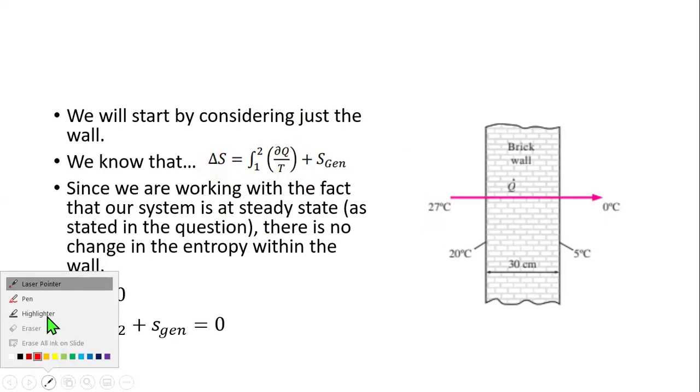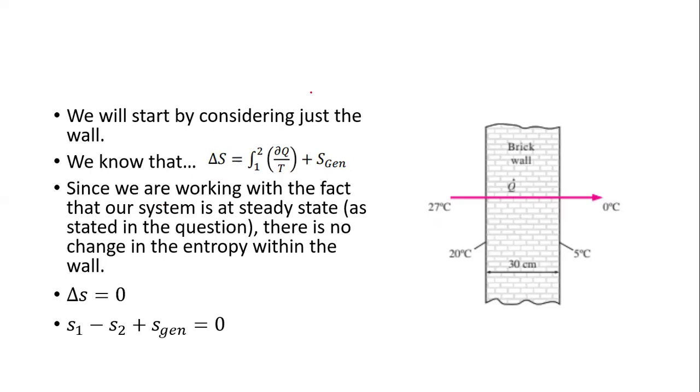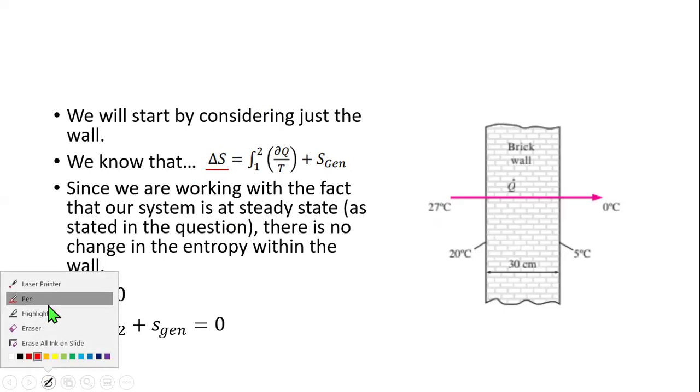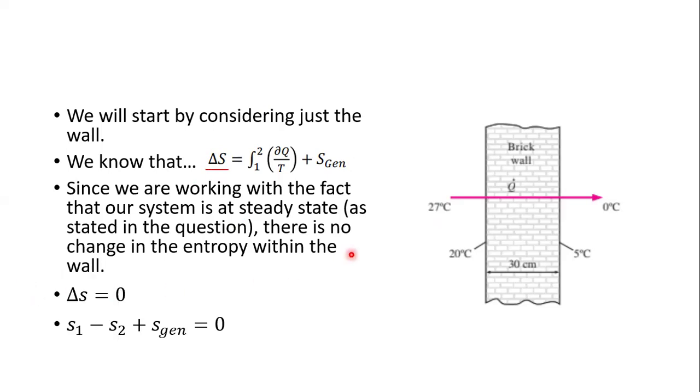Or if you want it in another way, remember we said for energy balance, in minus out plus generation should be equal to accumulation. And when we are dealing with steady state, we said accumulation is 0. So this here is representing an accumulation term. So we can go to 0 because we are at steady state now, right? So we are seeing that there's supposed to be no entropy change in the wall. So delta S can go to 0. Now, we are doing this from point 1 to point 2.